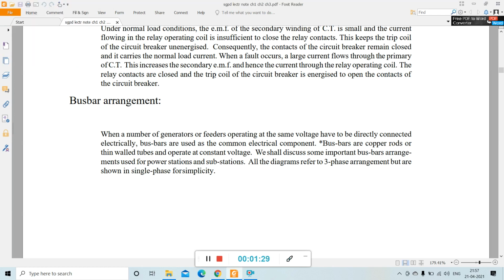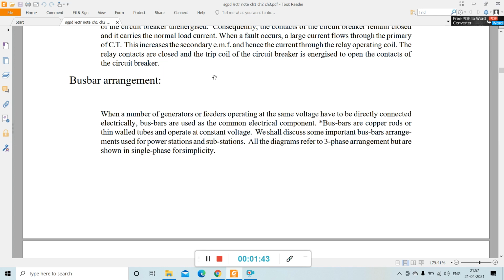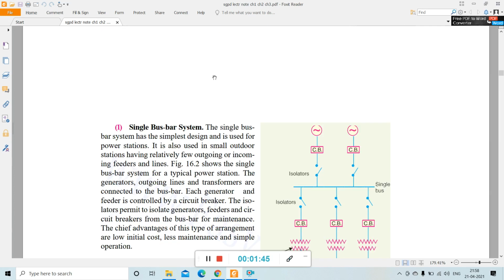Clearly understood? So bus bar is a common electrical component to which a number of generators or feeders operating at the same voltage have to be directly connected.